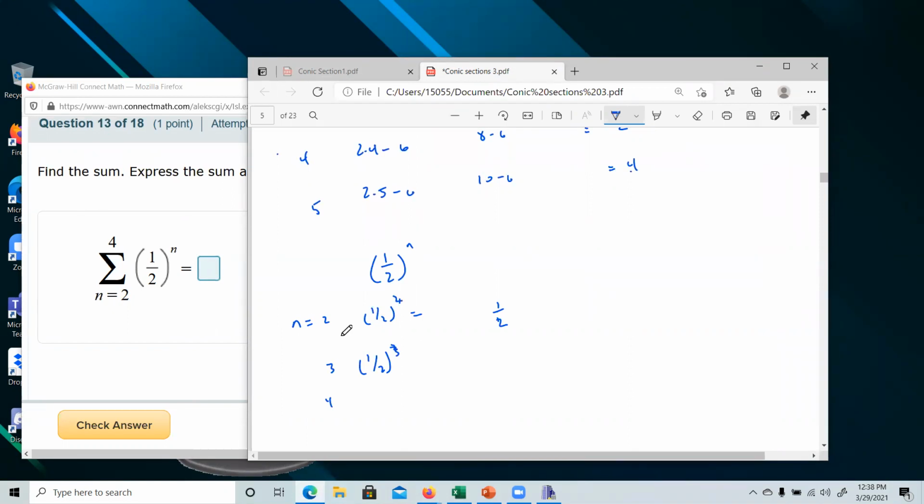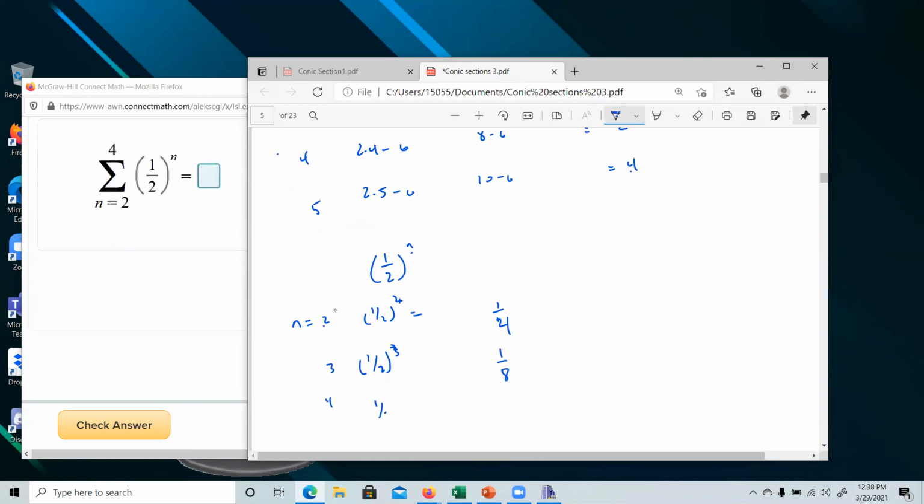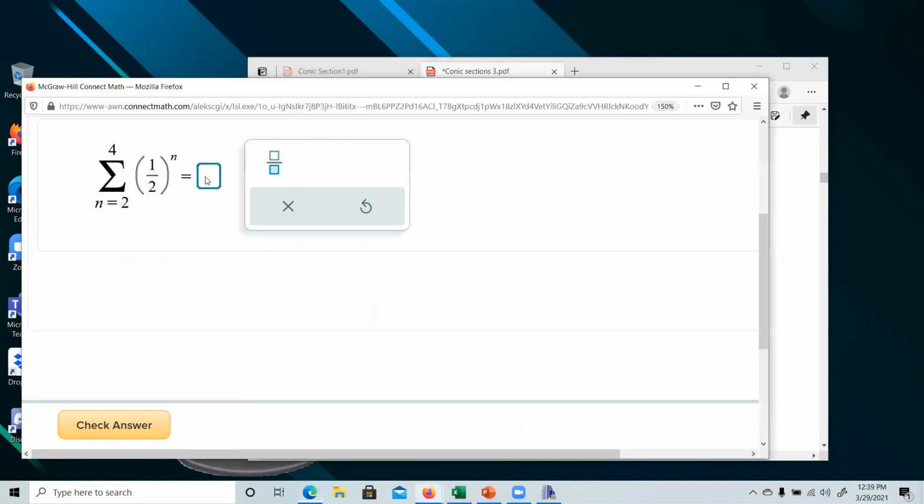Oh, I messed up, that's not a 2, because we're starting at 2. So n is 2. Okay, 3, 1/2 raised to the 3rd power is 1/8. And this is 1/2 raised to the 4th power, which is 1/16. So this is 4/16, this is 2/16, this is 1/16, so it should be 7/16. All right, and then we can go from there.